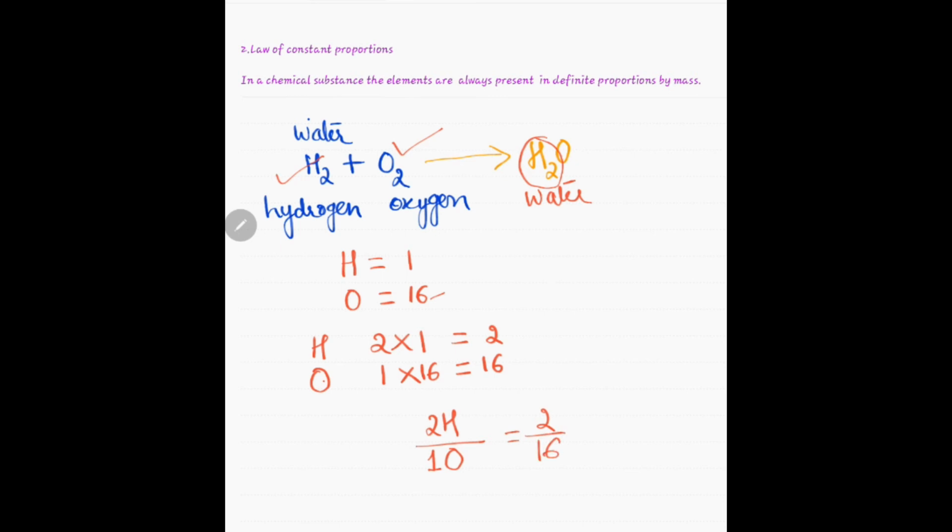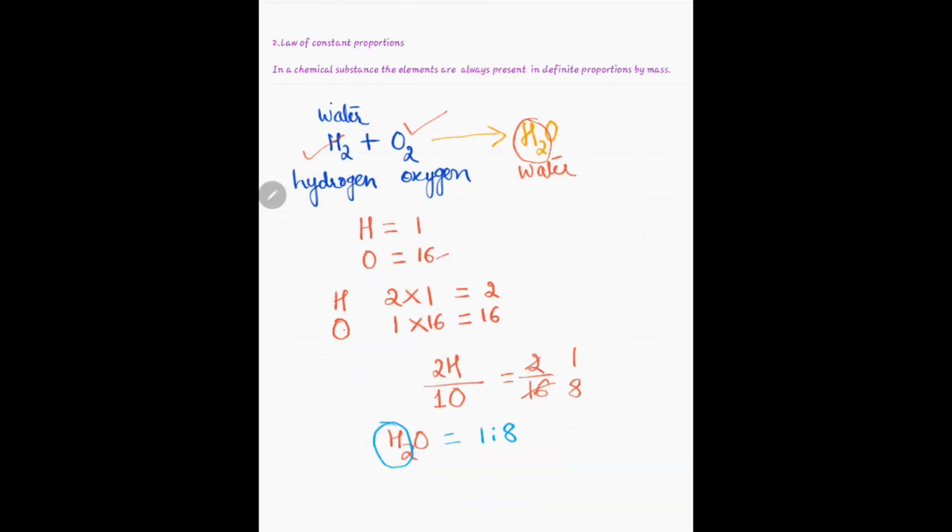Now simplify this ratio: 2 1s are 2, 2 8s are 16. So the ratio for water is 1:8. For every 2 atoms of hydrogen, there is 1 atom of oxygen.